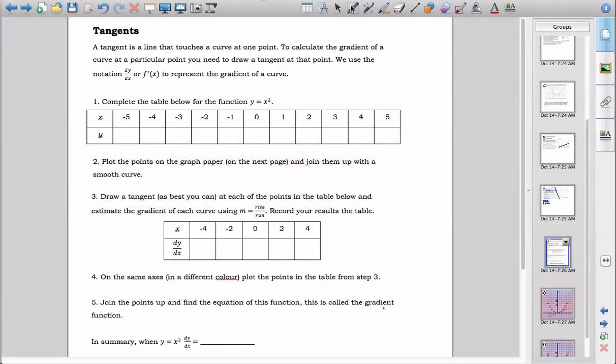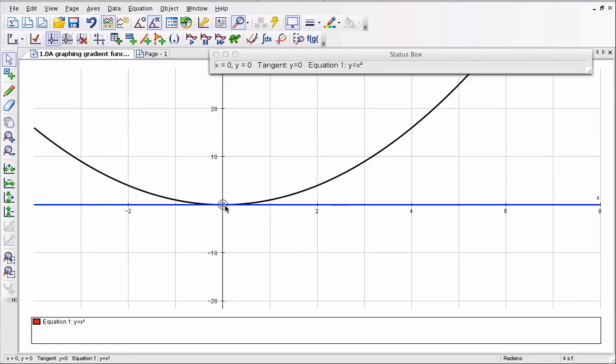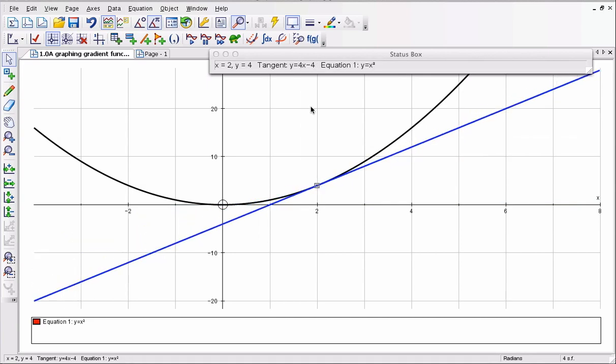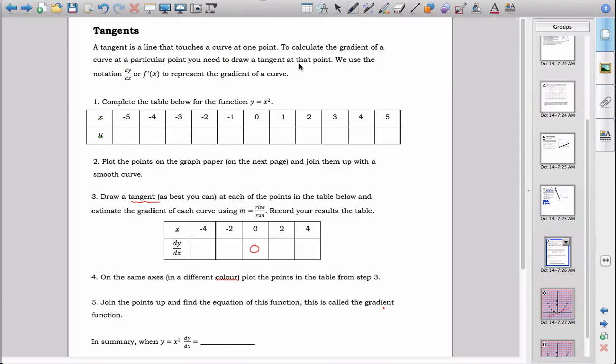So on this graph here, for the gradient of the tangent, or the slope of the tangent, this is going to be 0. Next we're going to look at 2. When x equals 2, I'm going to move this tangent line over to 2, and the slope of the tangent line is 4.